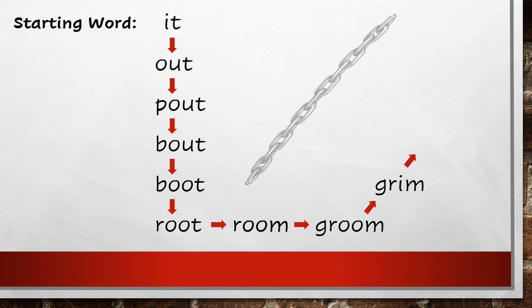I need it to say grime instead of grim. Go ahead and write it down. We need to add the magic E on the end to turn grim into grime. So you spell grime, G-R-I-M-E.